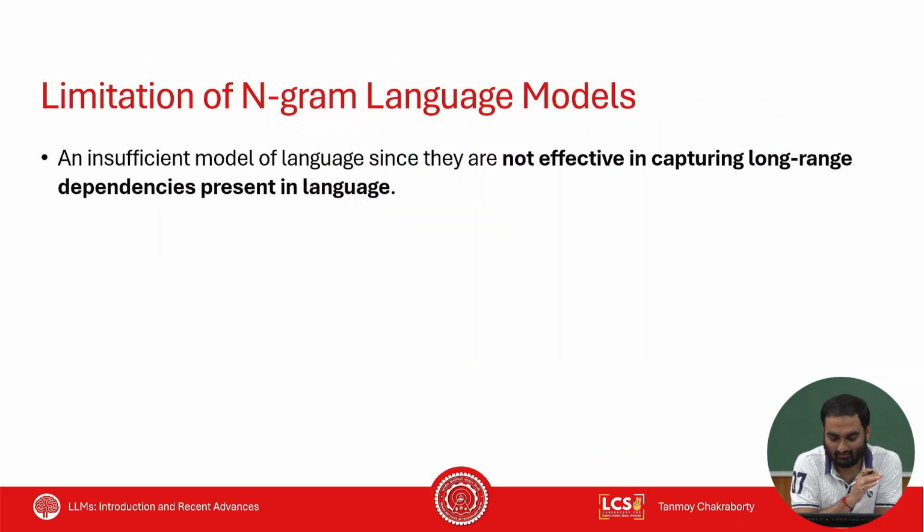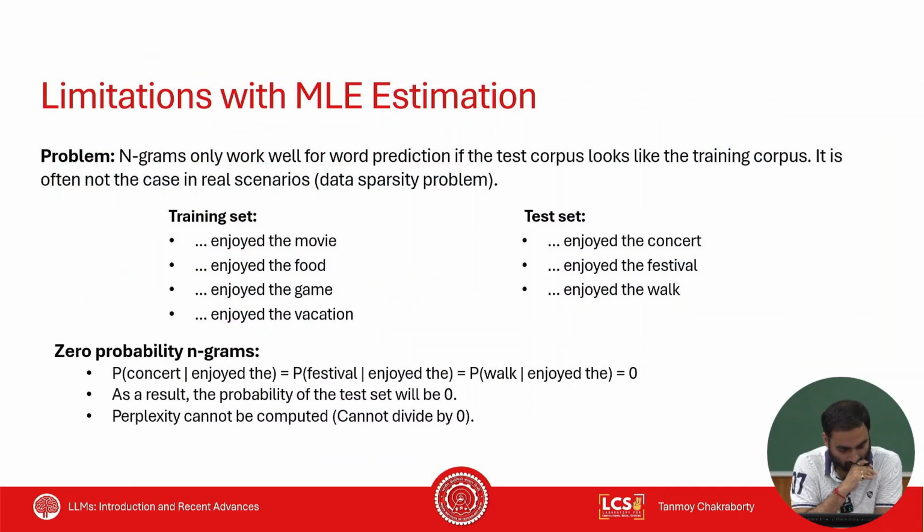Let me give an example. Let's say in your document the word enjoyed appeared with a set of words like enjoyed the movie, enjoyed the food, enjoyed the game, enjoyed the vacation. If you draw this matrix, say a trigram matrix, you see that enjoyed and these trigrams have non-zero entries.